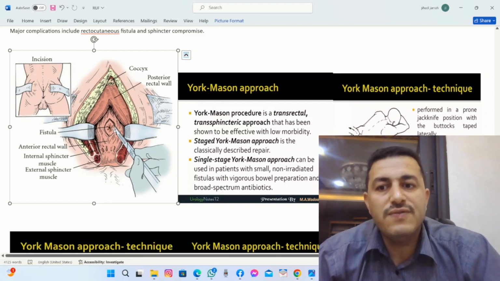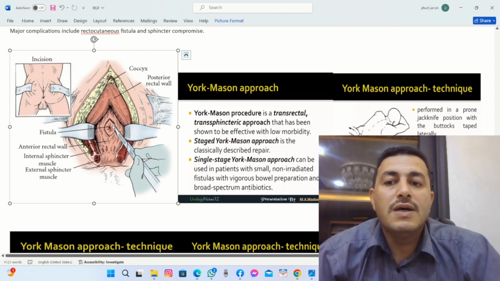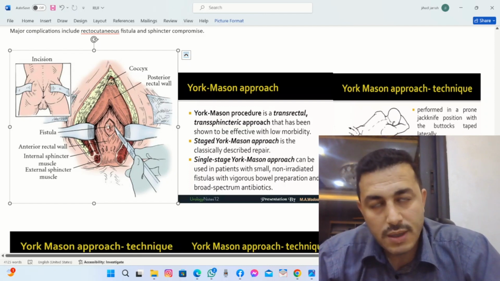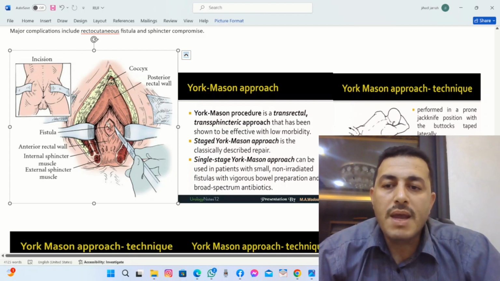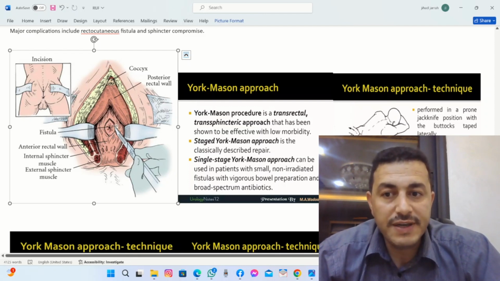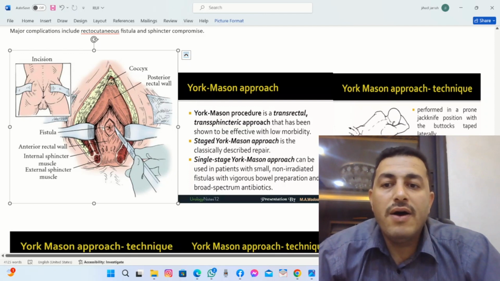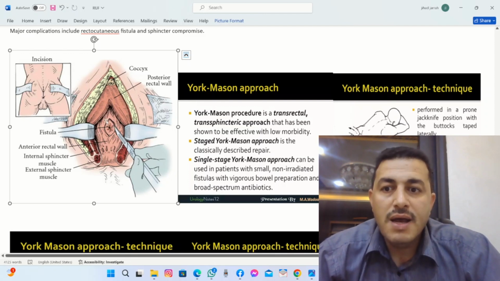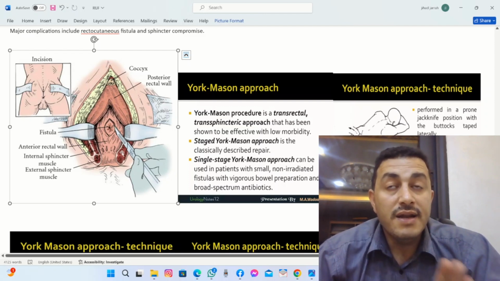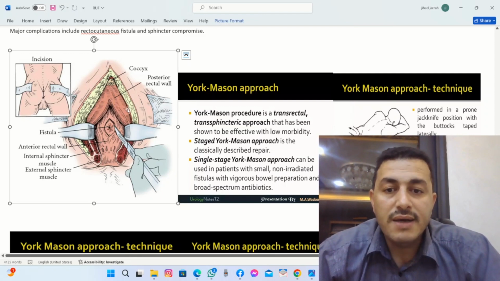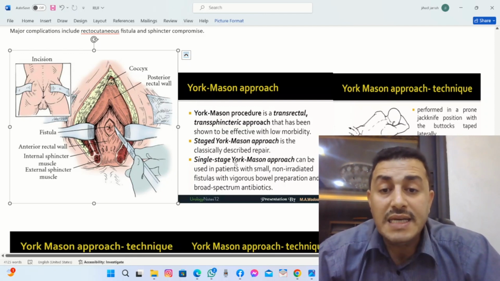We identify the fistula, we remove it, we may do curettage, and we close the defect in the rectum, and then we close the defect in the posterior rectal wall and the sphincter in layers, usually in 3 layers. It can be done as a staged or as a single procedure.